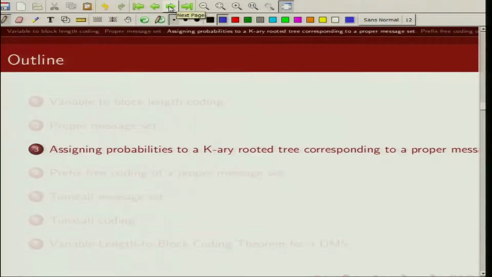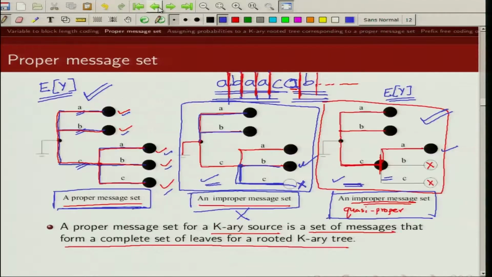So now we first are going to show you how to assign probabilities to a k-ary rooted tree corresponding to a proper message set. You have seen in the previous slide, we have represented this proper message set using a k-ary rooted tree. Now how do we assign probabilities to these leaves? That's what we are going to talk about next.